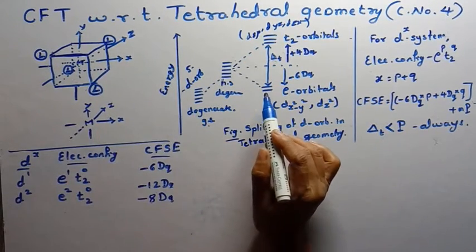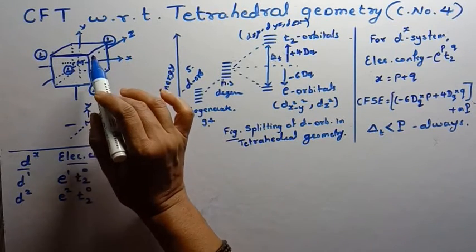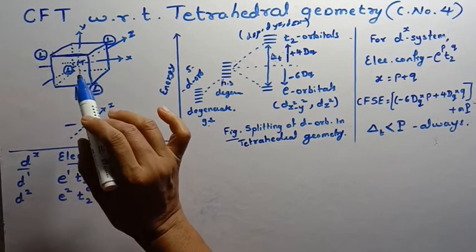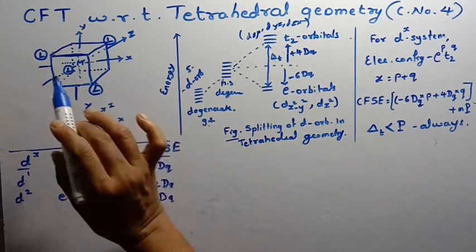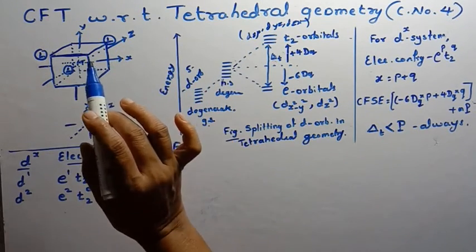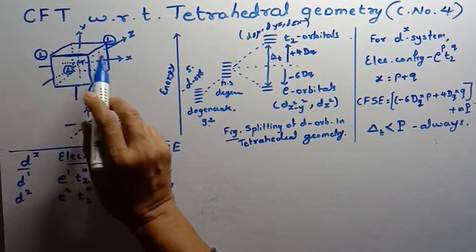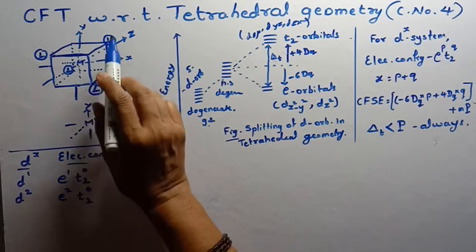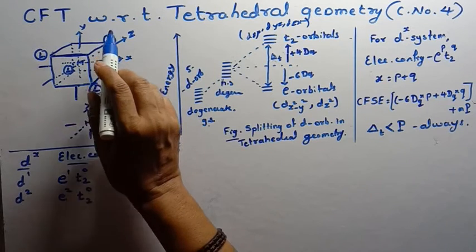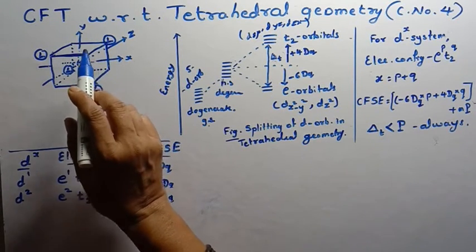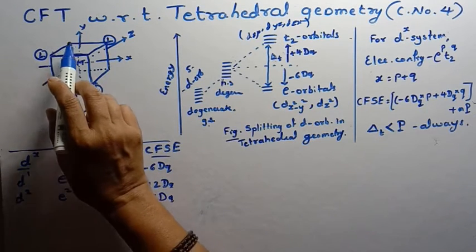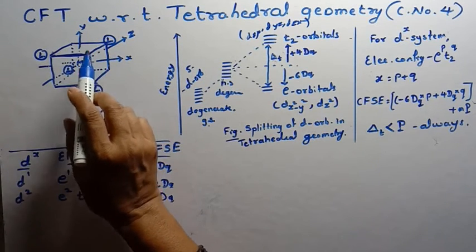So say the direction of approach of the ligand towards the metal ion is not exactly along any of the axes, and not exactly in between the axes either. That means the path of the approaching ligand is not exactly along any of the axes, or even exactly between any of the axes.